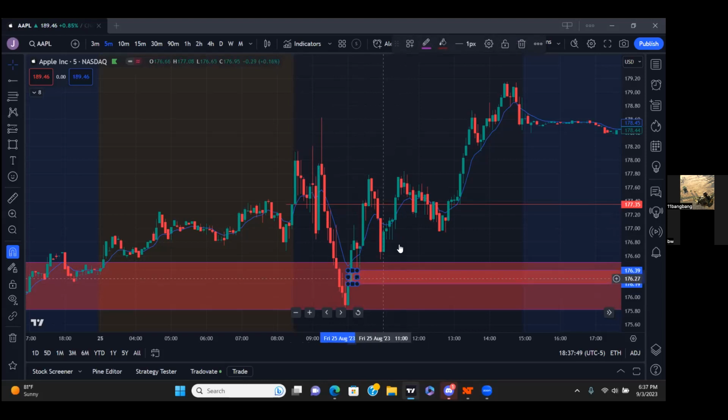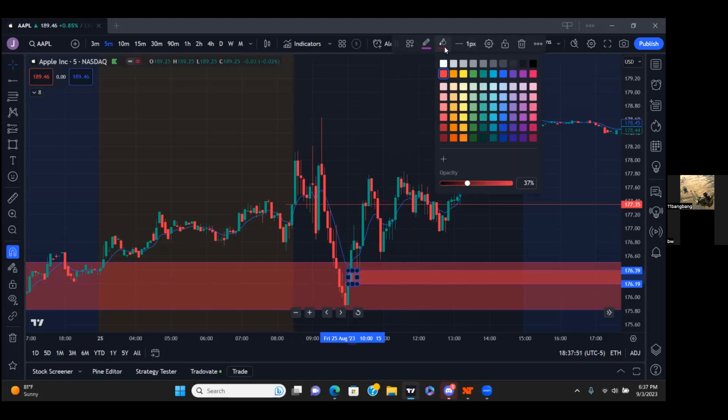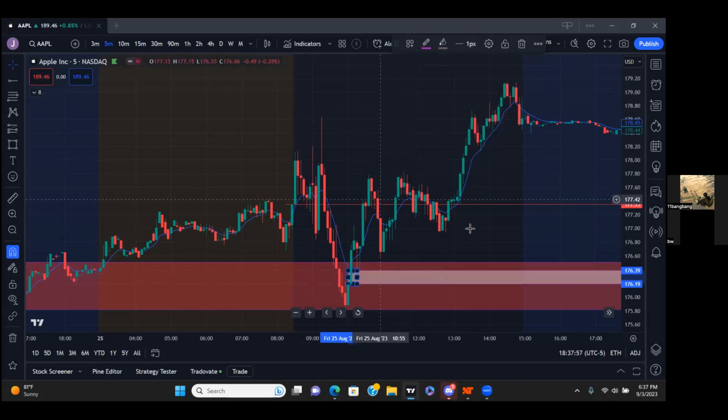Yeah, it's just the gap in between when you have a big candle in the middle, and the candle before it and the candle after it, there's a gap. So that gap starts at 176.30 and ends at 176.68.